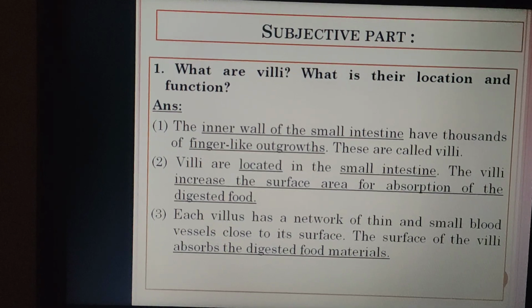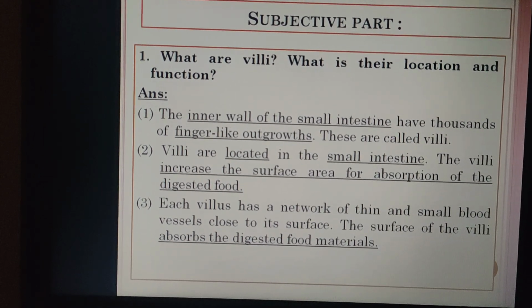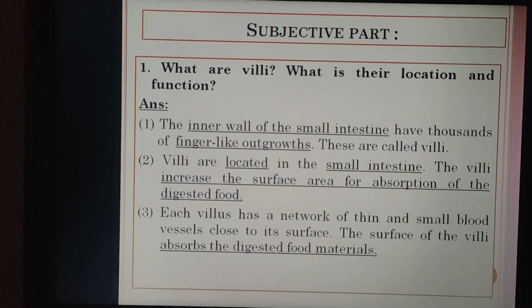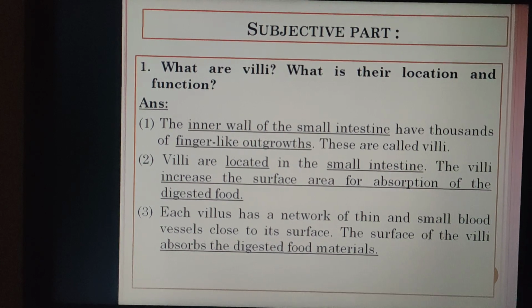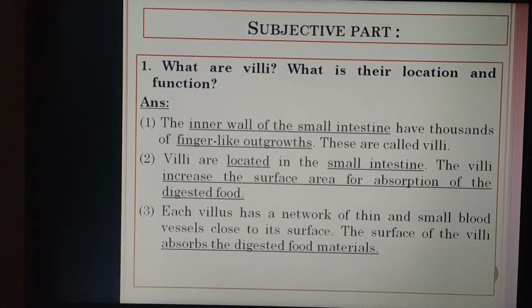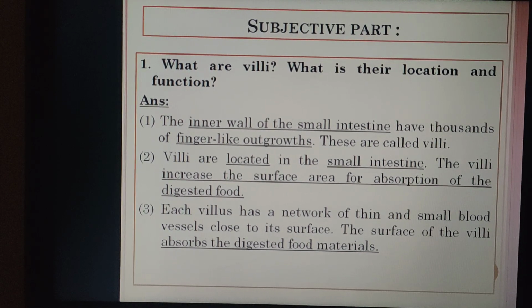The third one is its function. Each villus, the singular form of villi, has a network of thin and small blood vessels close to its surface, and the surface of the villi absorbs the digested food materials. So what is the function?